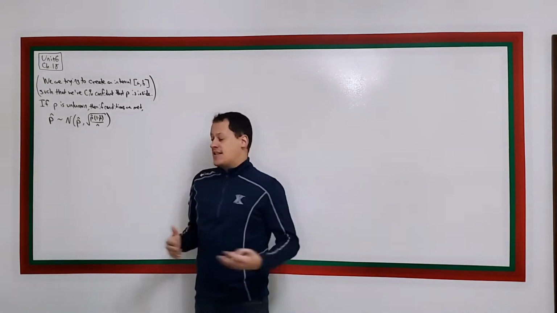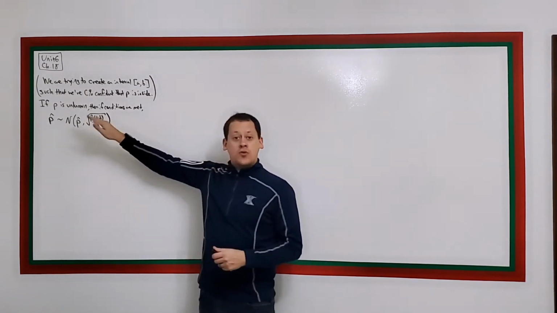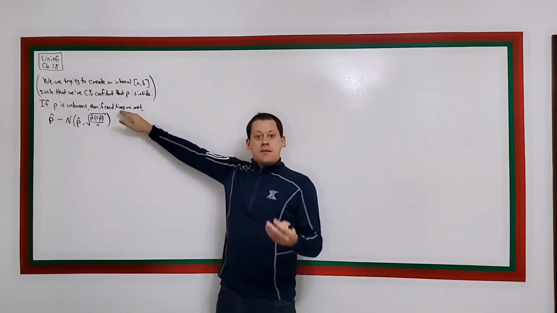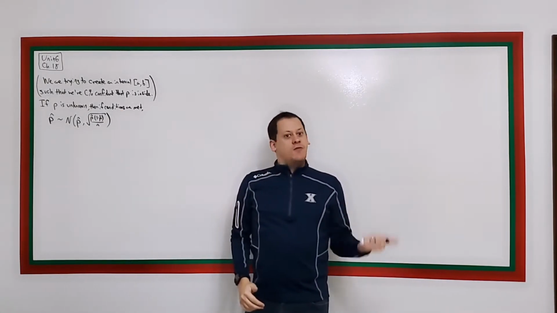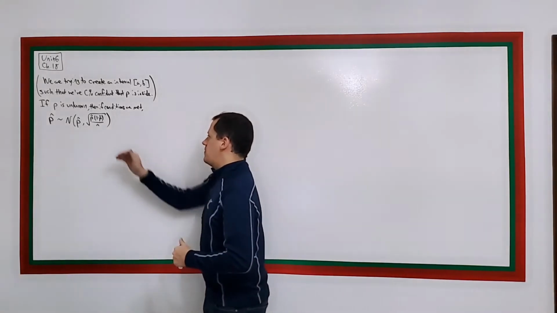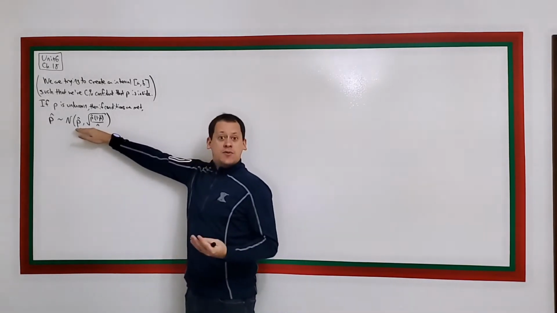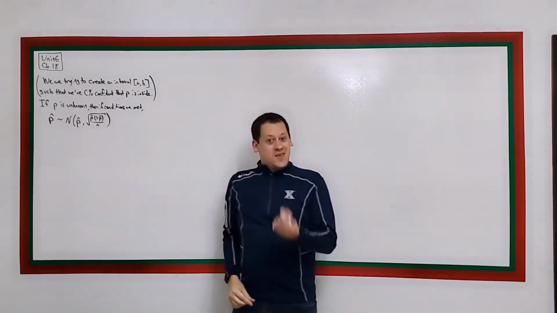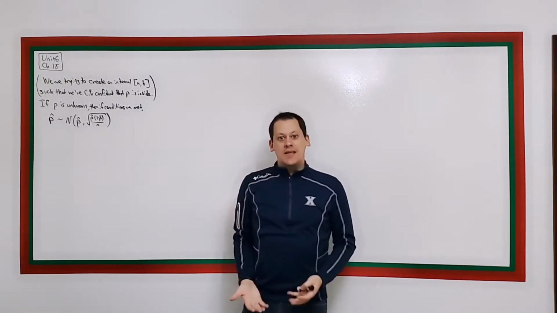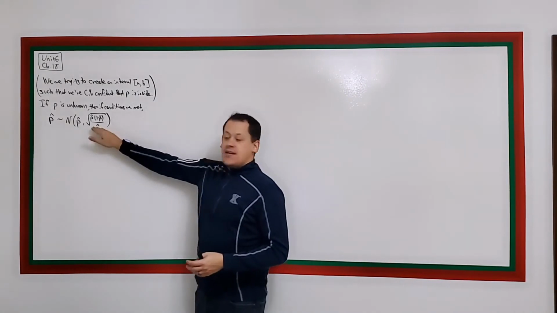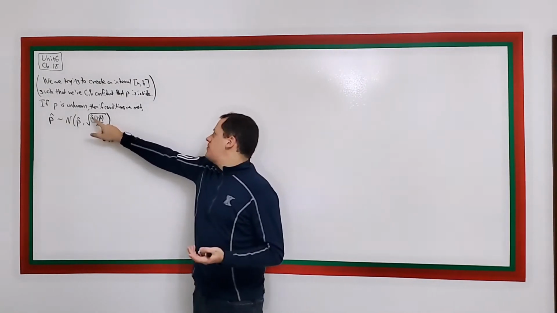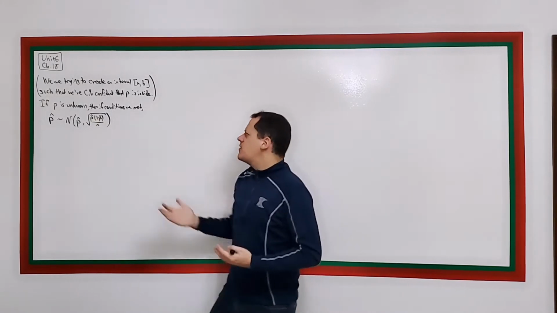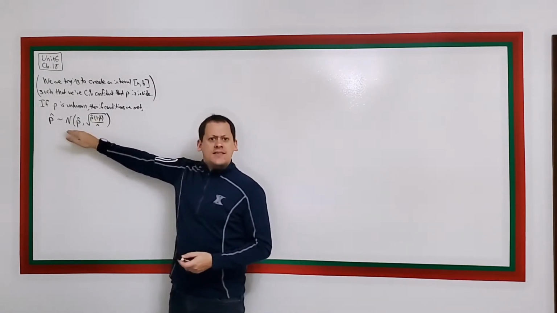We talked in the last video about how even if we don't know what P is, which is the whole point here, if we meet the same conditions that we talked about before, we can say that the sampling distribution is normal in shape with a mean of P hat, which is our best estimate of P, and a standard deviation that looks the same as it did before. We're just plugging in P hats because we don't know P. So let's take a look at this distribution.